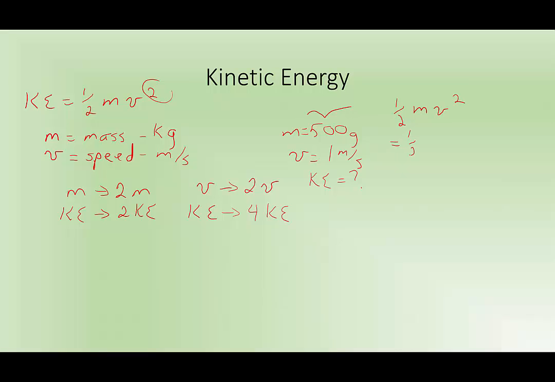Keep in mind, however, we have to change the mass to kilograms. 500 grams is 0.5 kilograms. 1 squared, well, that's an easy one. And this actually works out quite simply, because 1/2 times 1/2 is 1/4, and 1 squared is 1. So we have 0.25 joules of kinetic energy.